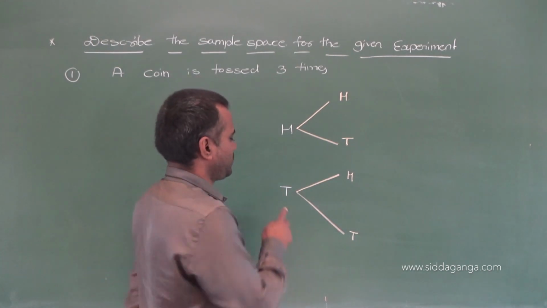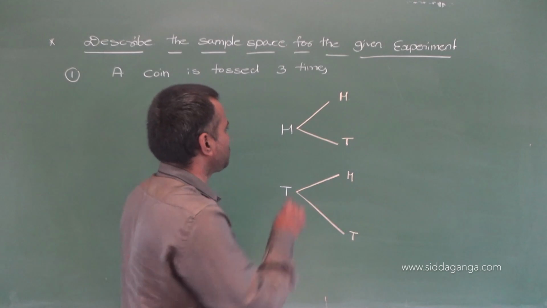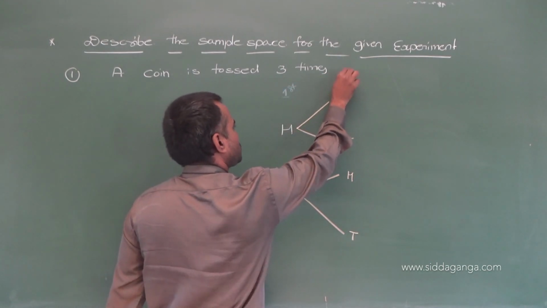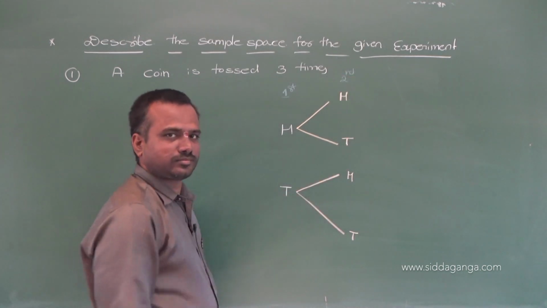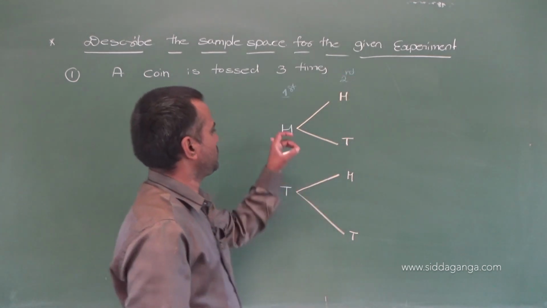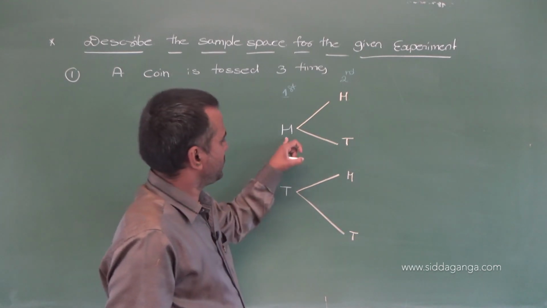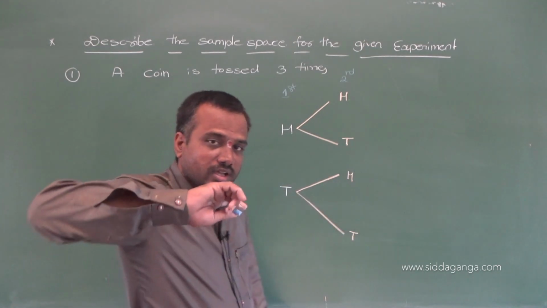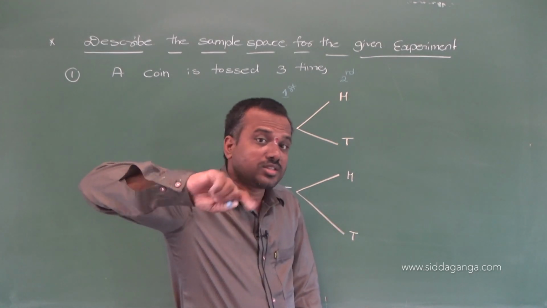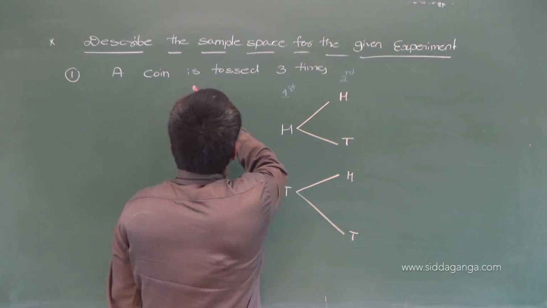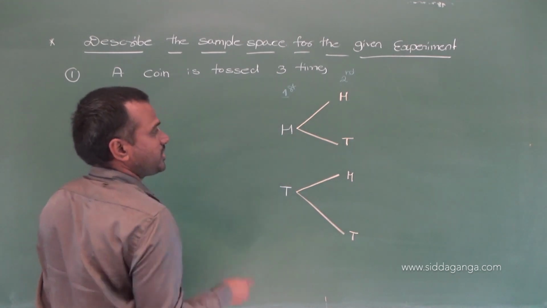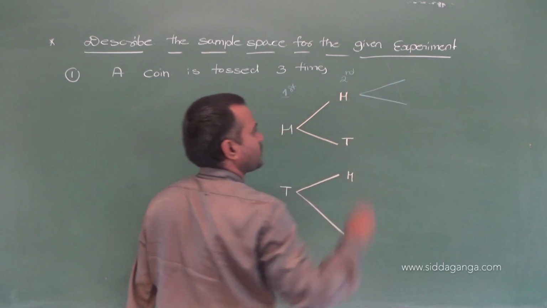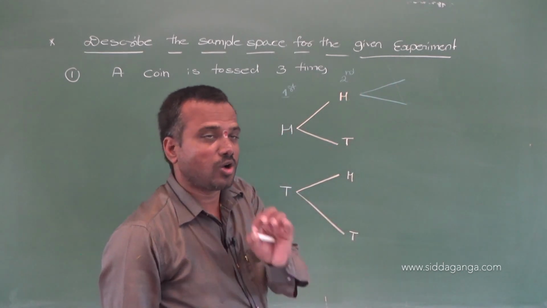If you toss a coin second time, the possible outcomes are head, tail for each. If you toss a coin 3 times, because he has given a coin is tossed 3 times, then the possible outcomes are as follows.